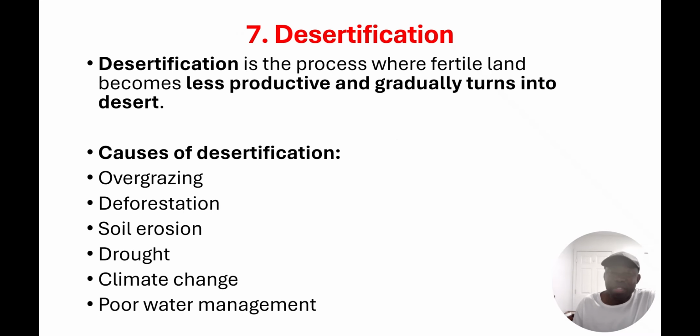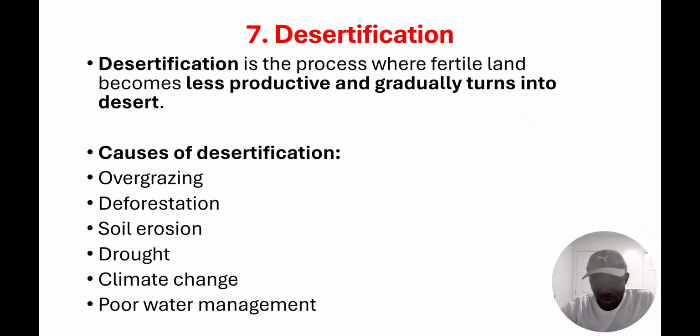Now, also desertification. We discussed desertification in class. Desertification is the process where fertile land becomes less productive and gradually turns into desert. If the soil is over-degraded, it will lead to erosion.